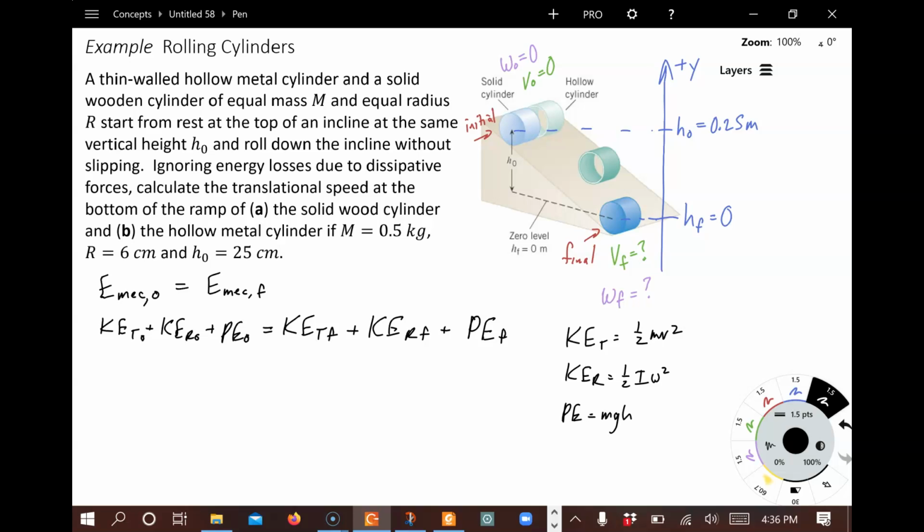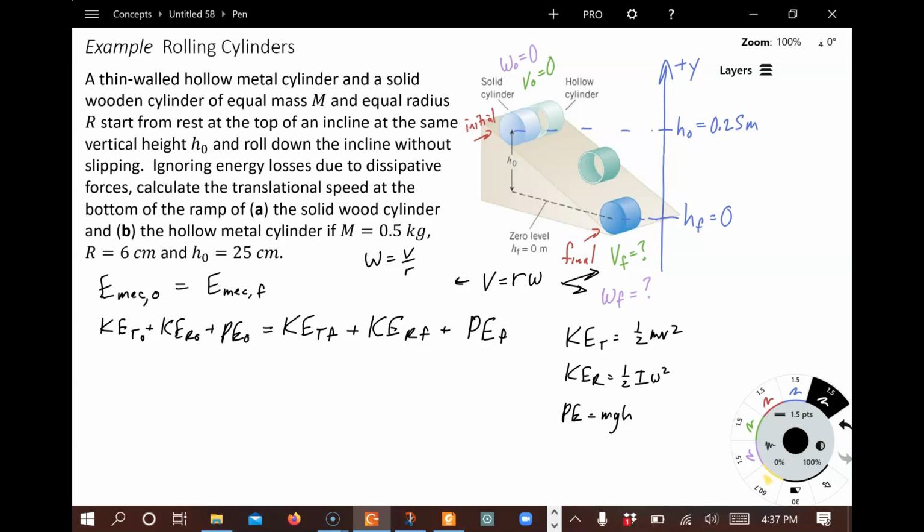Now we can actually relate these two values, the translational speed and the angular speed, by using the rolling condition, right? The rolling condition says the translational speed is equal to the radius of the rolling object times its angular speed. If we solve for omega from this equation, omega is equal to v divided by r.